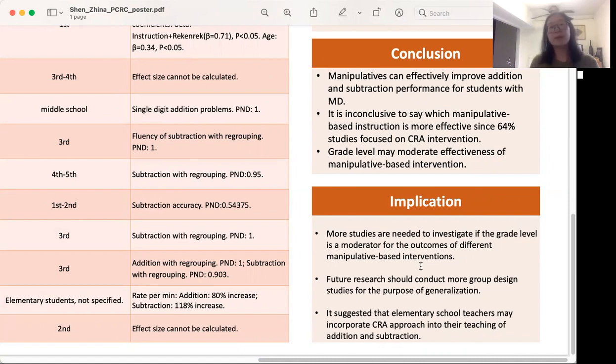In order to generalize to larger groups, we do need more group design studies. The third implication is that elementary school teachers may incorporate the CRA sequence into their instruction when they teach students addition and subtraction, because in this synthesis most of the studies did the CRA sequence intervention and got a large effect size.